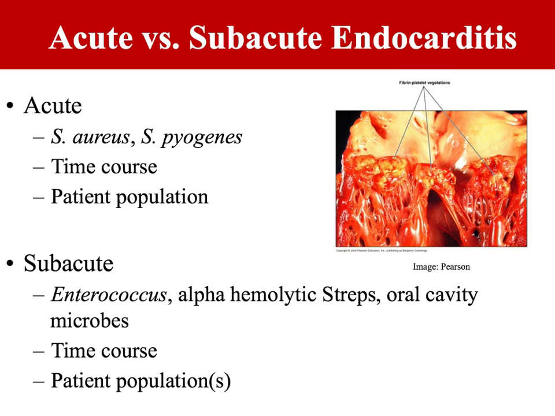Their taxonomy is a little bit in flux, so we just want to remember alpha hemolytic streps. And in addition to that, there's a whole wide variety of oral cavity commensal microbes that in certain patients you can see showing up as causative agents of subacute endocarditis.